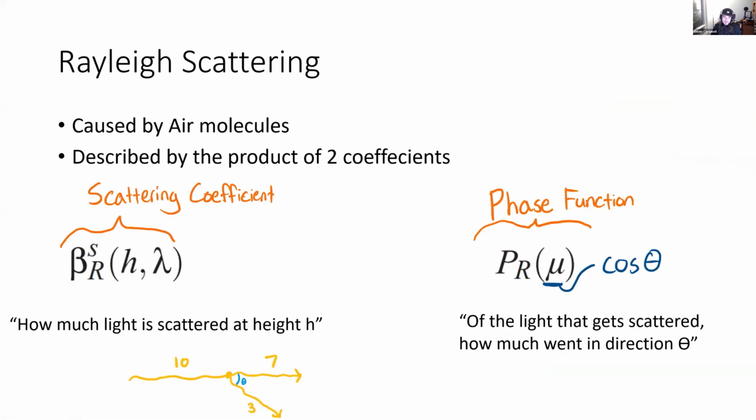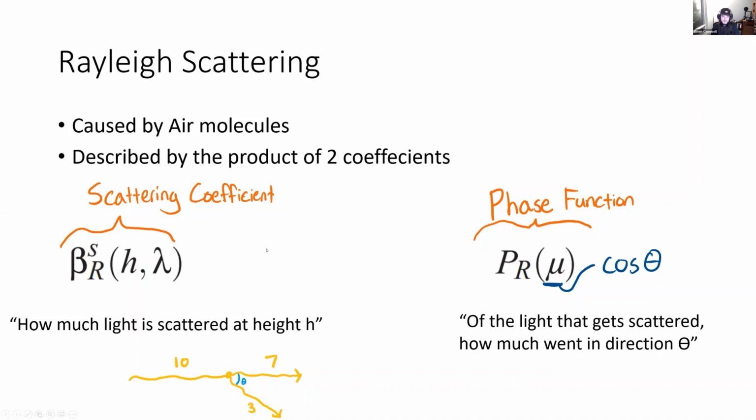So there's two forms of scattering that we consider here. The first one is Rayleigh scattering, and this is basically scattering that's caused by the actual air molecules in the atmosphere. So as the light travels through air specifically, it will be scattered. And this is describing how that scattering behaves.